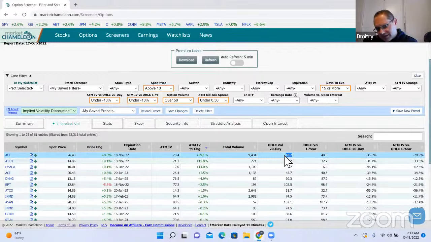Using the at the money IV, we convert it to the expected average daily move from now to expiration. So it's not using the straddle like we do with earnings. Earnings is different because that is looking at a gap risk. This is looking at average daily implied move. So per day, on average, what is the market expecting the fluctuations to be in the stock?